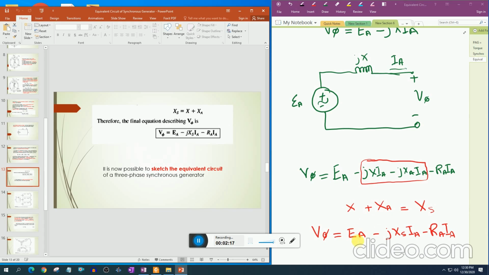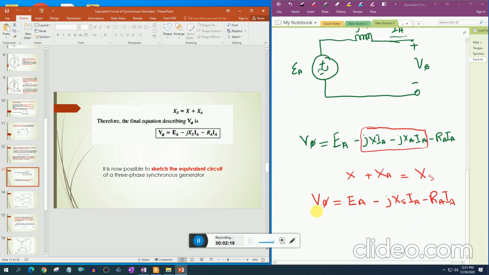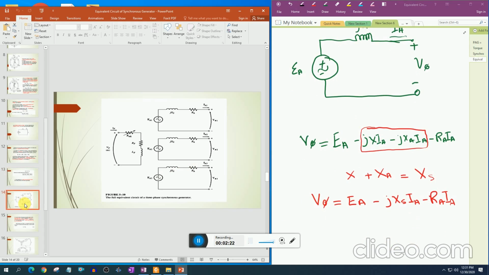Now it is possible to sketch this equation, and its sketch looks like this. This is for one phase: EA, synchronous reactance and armature resistance.